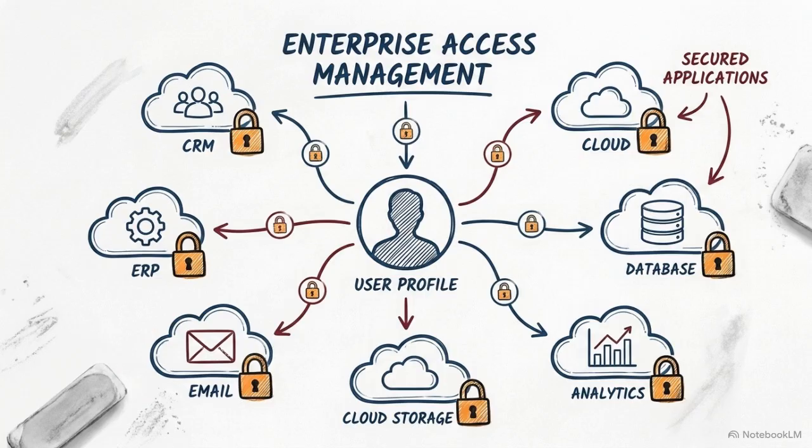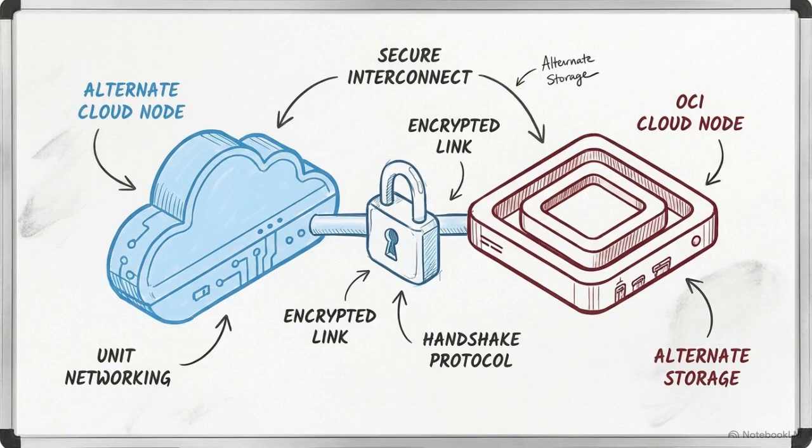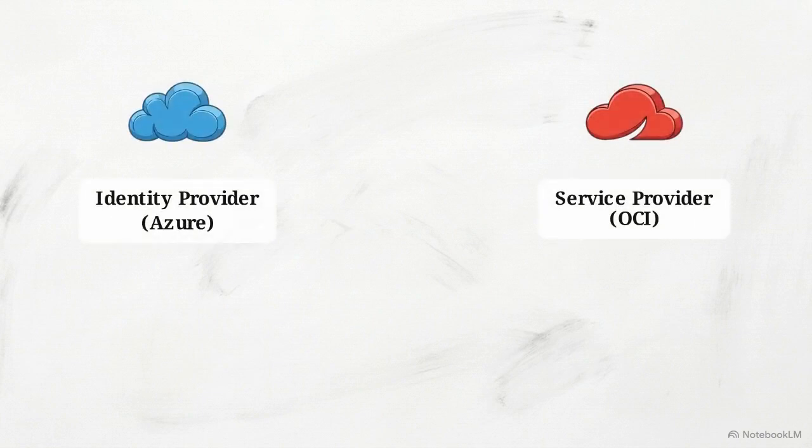Step 3 moves from networking to user access and security. Your objective is to configure Azure Entra ID as the primary identity provider for your OCI tenancy. This demonstrates attribute mapping. In your lab, configure the Azure tenant to pass group claims within a SAML assertion.